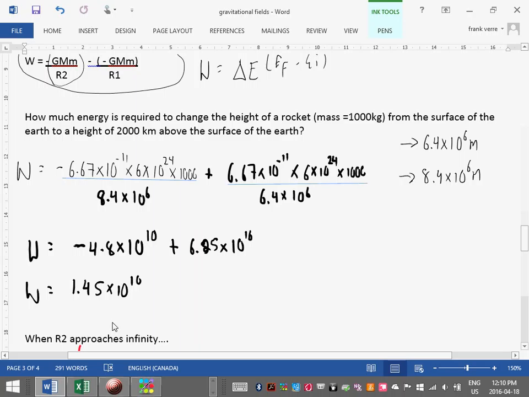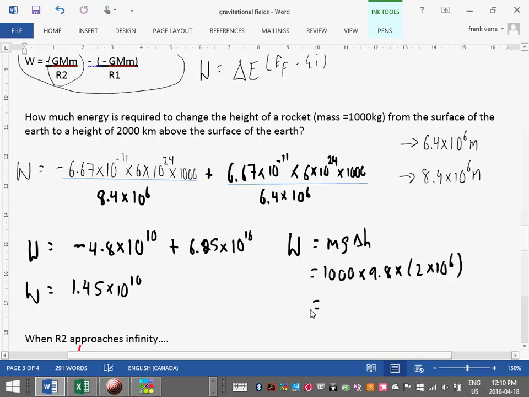Now, what if we use this equation? The work is just mg delta h. So 1,000 times 9.8 times 2,000 kilometers, which would be 2 times 10 to the 6.